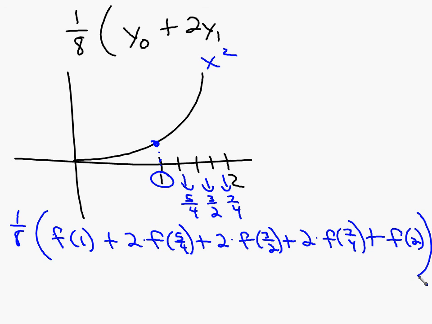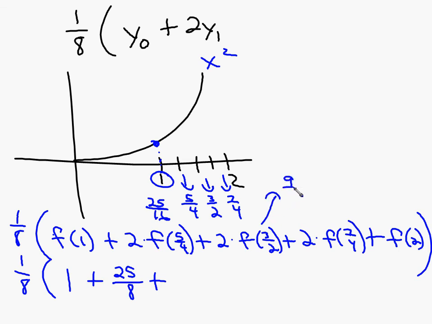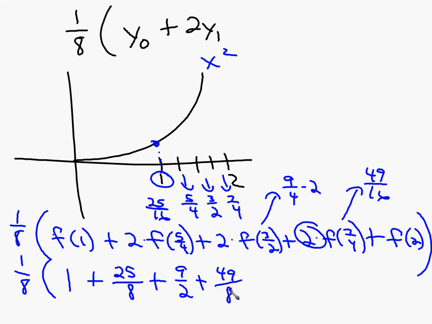So, plugging in these values, 1/8, f of 1 is going to be 1 squared, that's 1. Plus 5/4 squared is going to be 25/16 times 2, which will make it 25/8. Plus 3/2 squared is going to be 9/4 times 2 is going to make it 9/2. Plus 7/4 squared is 49/16 times 2 will make it 49/8.